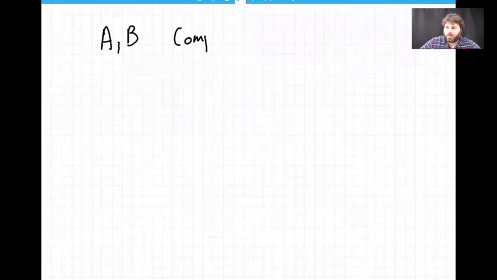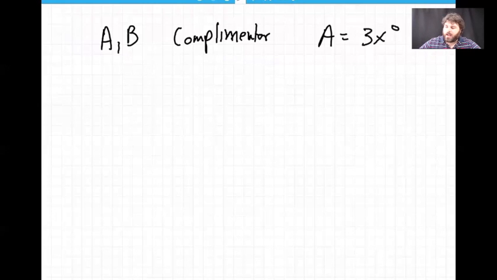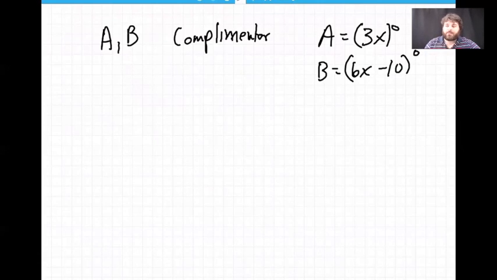So, a quick example. Let's say you're working a problem and you know that angles A and B are complementary, and you know that angle A is equal to 3x degrees and angle B is equal to 6x minus 10 degrees. You could find x, or you could find the measure of each angle.